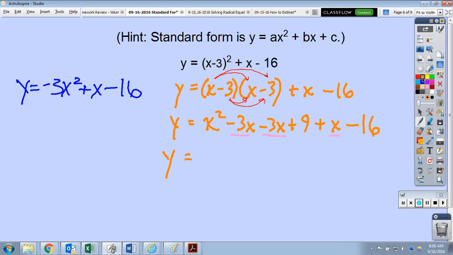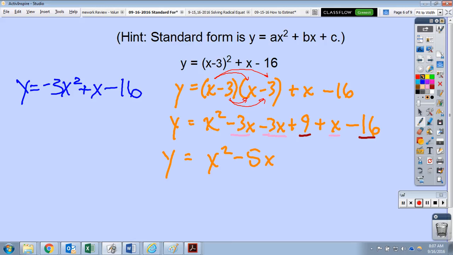So if I add these, negative 6x plus x is what? Negative 5x. And then the 9 and the negative 16. Negative 5. No, negative 5x, my bad. I was thinking the wrong number. Let's be careful.